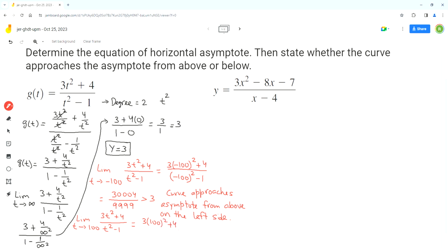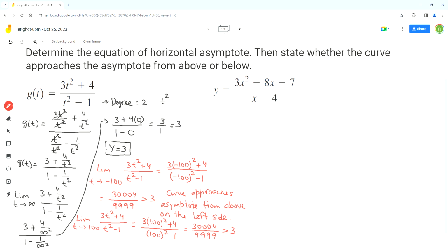In the numerator, we get 30,004 and in the denominator, we get 9,999, which gives us a value greater than 3. So that means the curve approaches the asymptote from above on the right side as well.